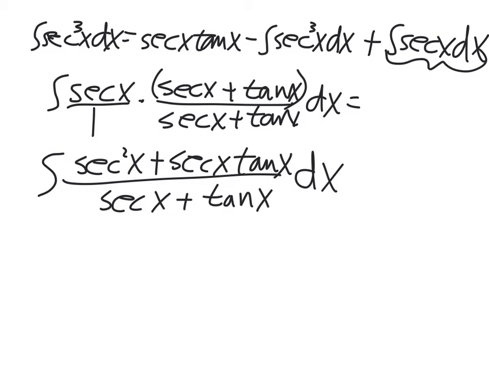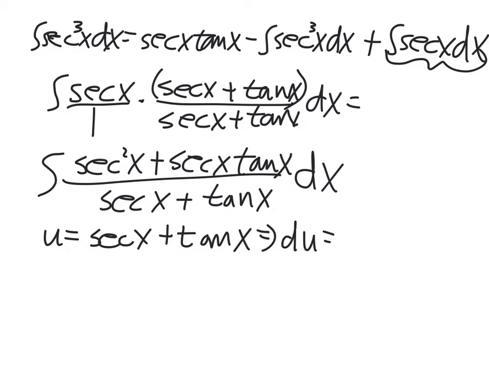Let's look at this in terms of substitution. What do we usually look for in substitution? When we have a fraction, we let u equal the bottom part. And that's going to be very nice for us in this case, because du turns out to be what?